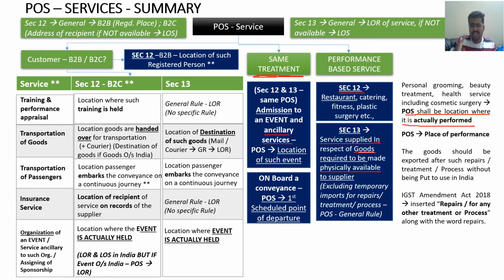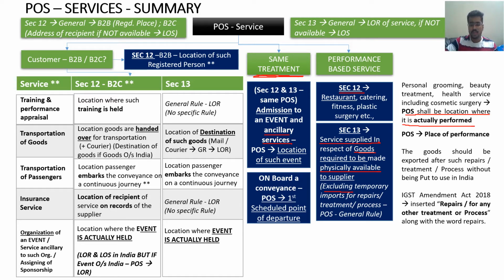If it is in that nature, then wherever the service is performed, that place will be considered as the place of supply, guys. Now, there is one interesting exclusion to this. If you see the next in the brackets, this excludes temporary imports for repairs or treatments or process.